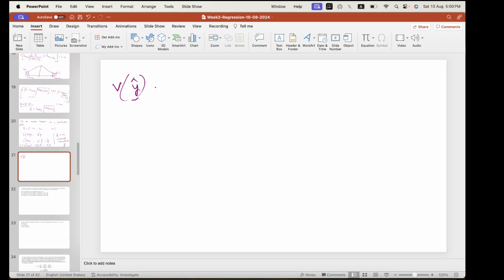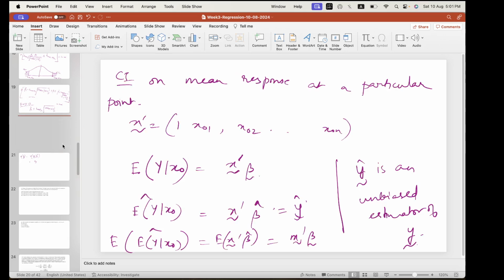So that would be the variance of x naught transpose beta hat, where I should give x naught for parity.